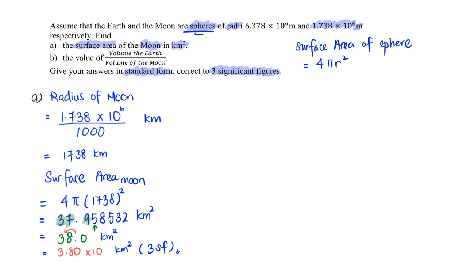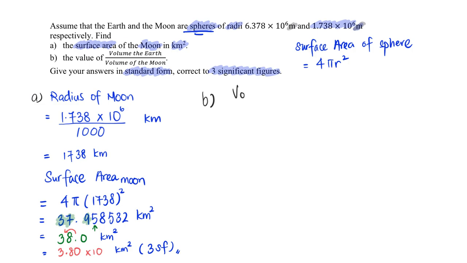For part B, we are required to find the volume of the Earth over the volume of the Moon. And for this particular question, I'm going to just continue to make use of their radius in meter, as long as they are the same unit.